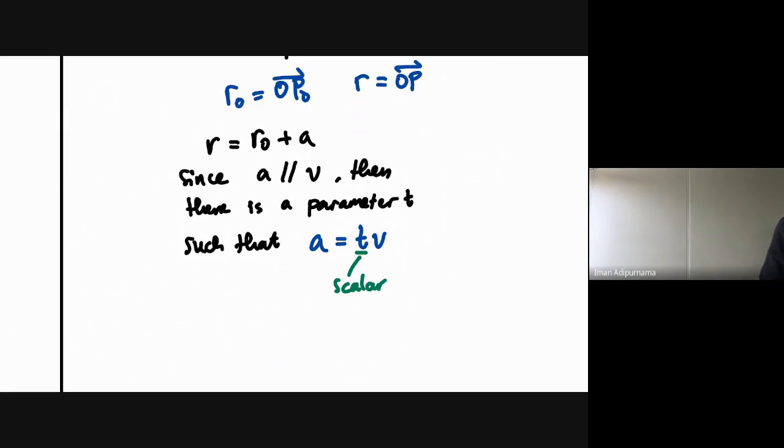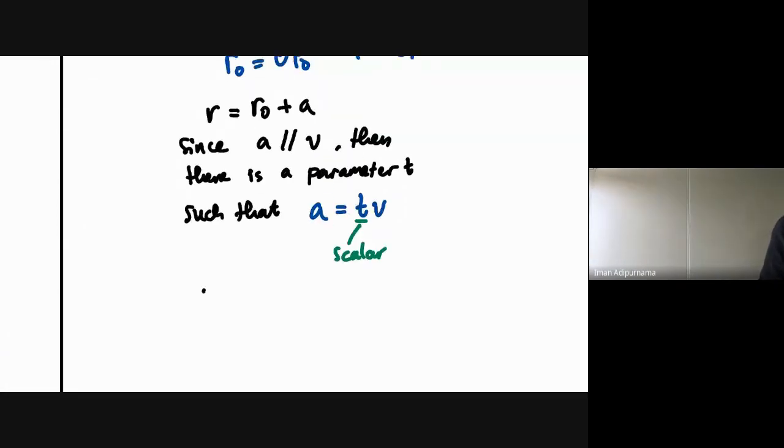So it is parametric. It becomes a parametric equation in which we can replace A with T and V.